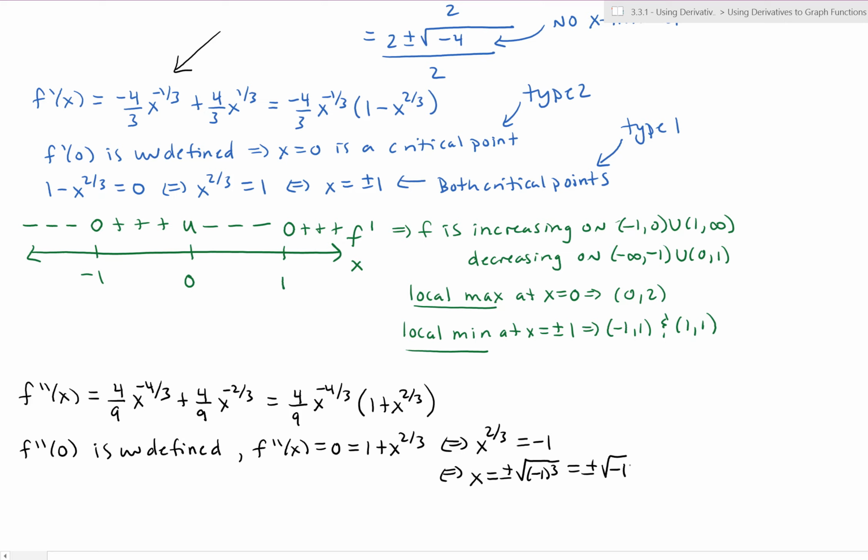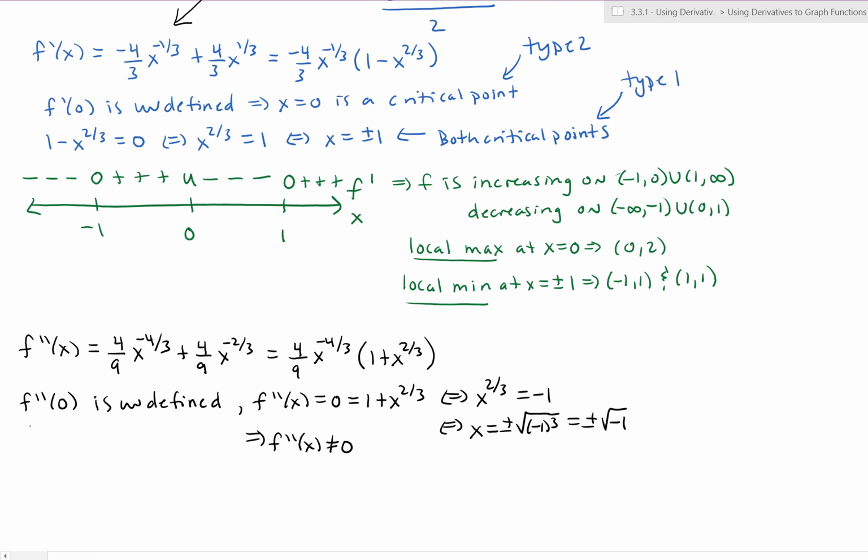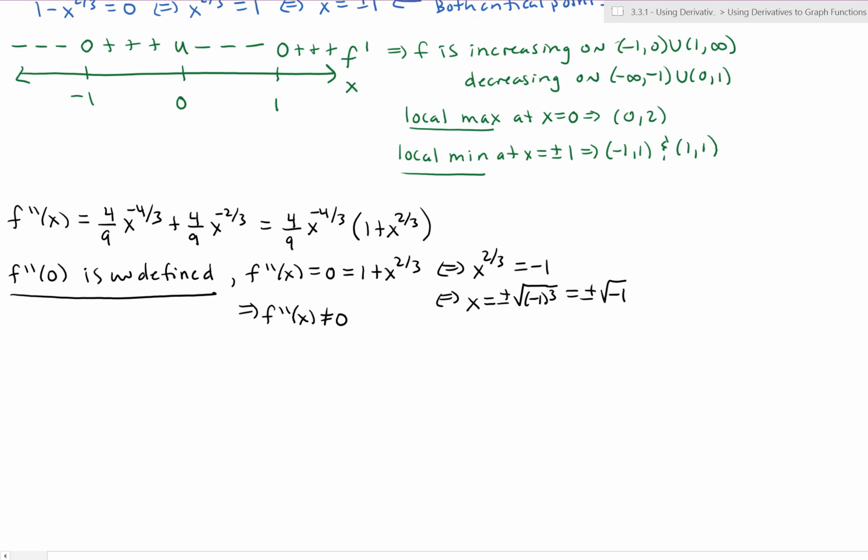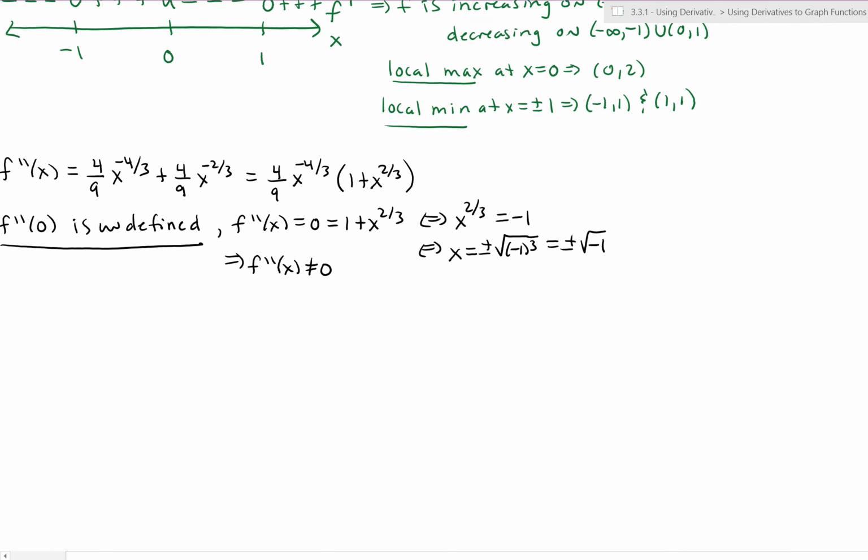So we're not dealing with complex numbers here. We're only dealing with real numbers, and hence what that tells us is f double prime of x is never 0. So there is this one location for which there is a possible change in concavity, but let's see whether or not we have an actual change in concavity at this location.